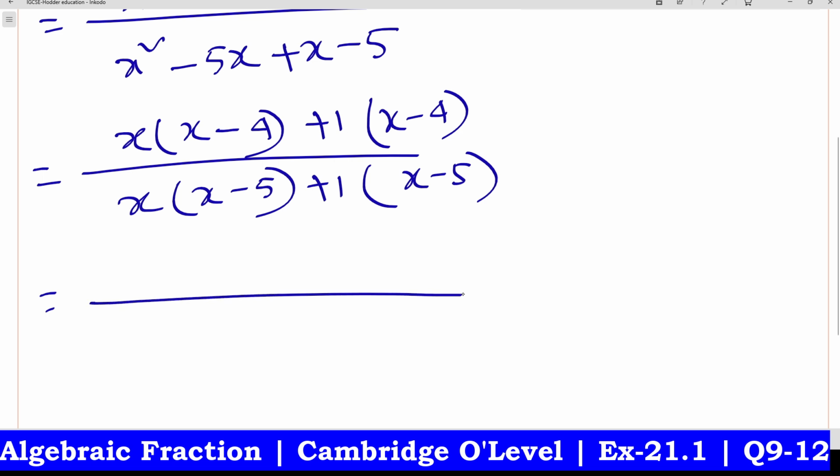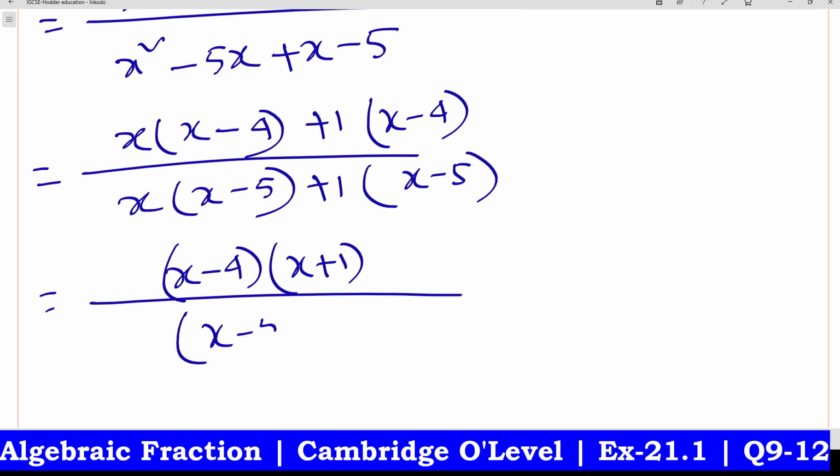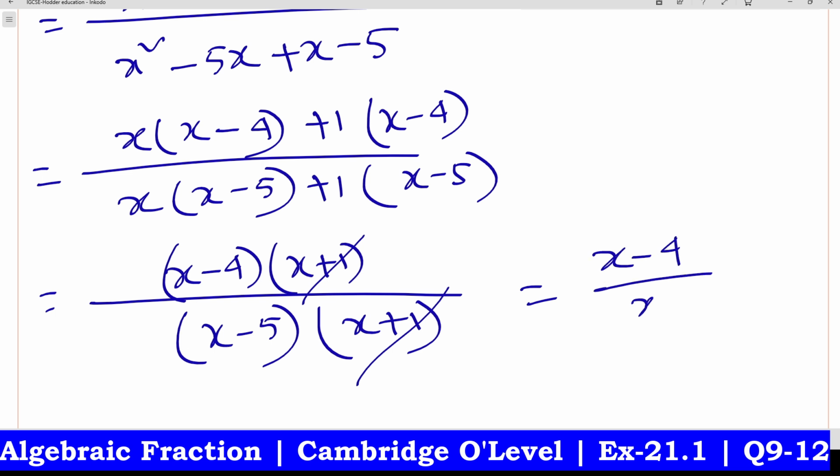And finally here is x minus 4 and then x plus 1, here is x minus 5 and here is x plus 1. So x plus 1, x plus 1 cancel out, the result will be x minus 4 divided by x minus 5.